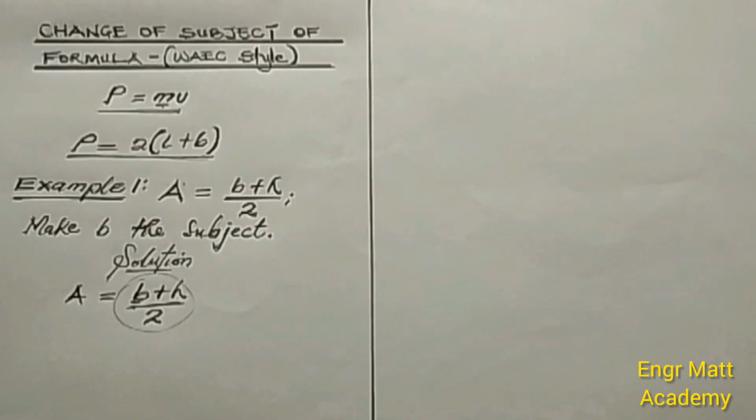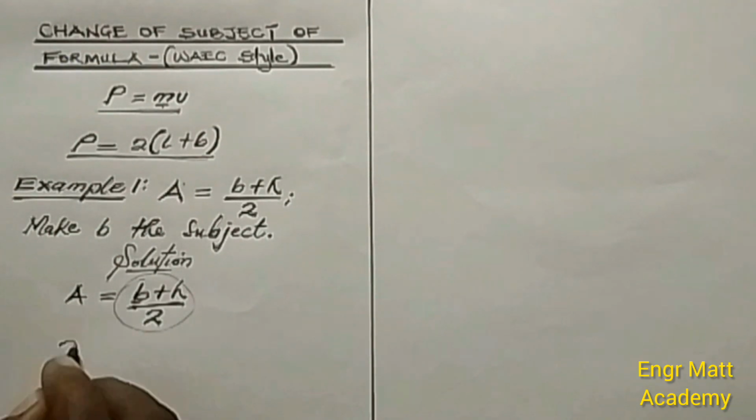They are two: addition and division. Now you have to be very careful. When the divisor is dividing everything above it, that is the first operation to be reversed. That is, we reverse this division. Since B plus H is divided by 2, we multiply both sides by 2.